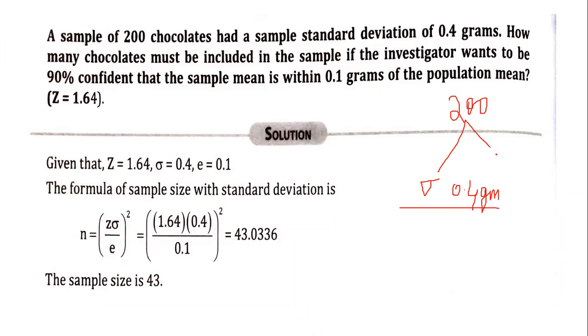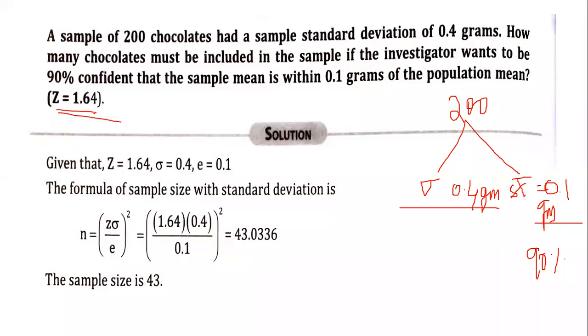What we are saying is the sample mean is going to be within 0.1 gram. And how confident are we? We are 90% confident that it is going to be 0.1 gram. And the Z value is given to us. In every problem, they'll give you the Z value.